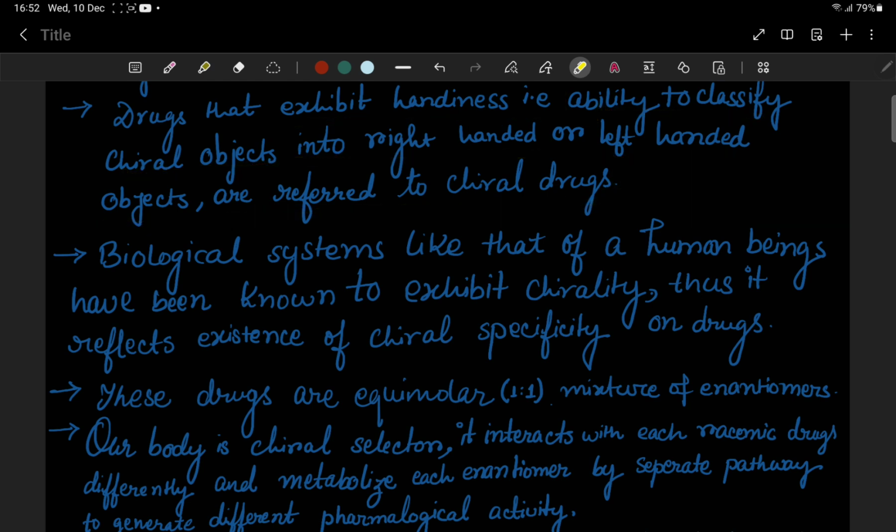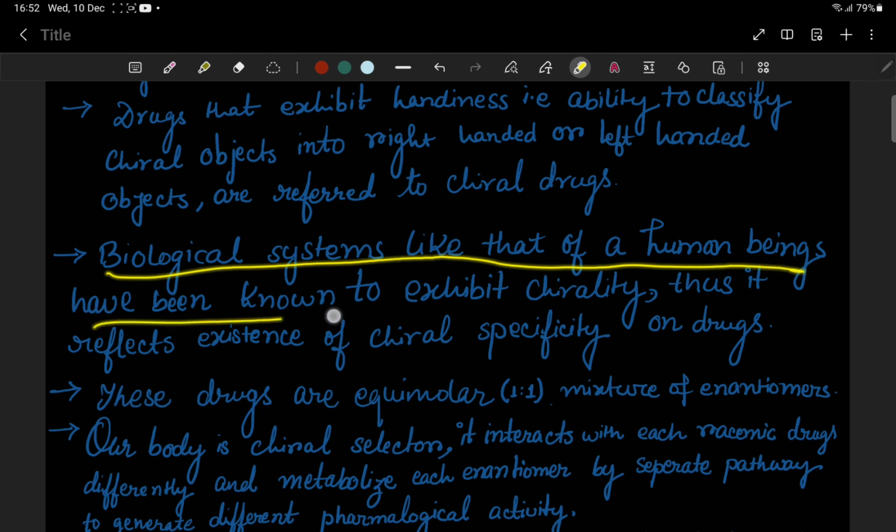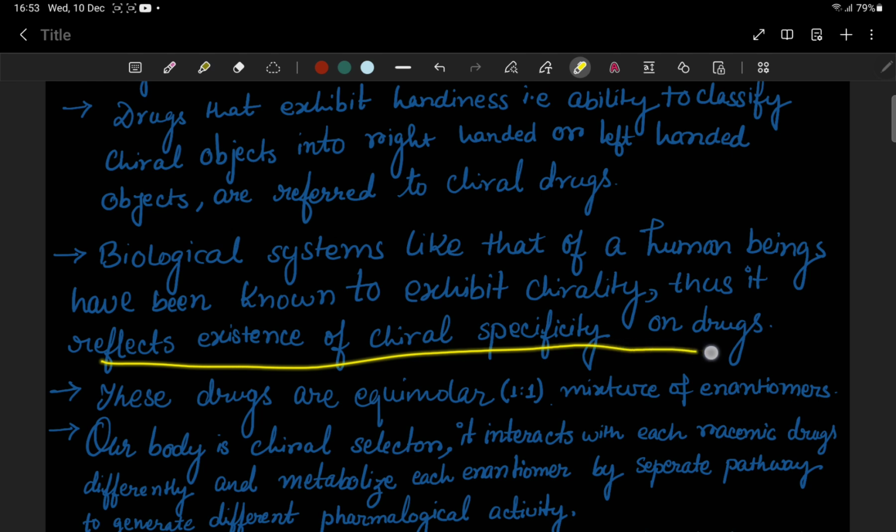Biological systems like human beings have been known to exhibit chirality. Thus, it reflects the existence of chiral specificity on drugs. In the human body, we have a system that can detect that this is right-handed, this is left-handed. So we can say that our body is chiral specific in nature.